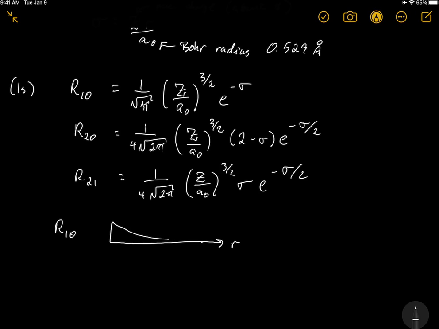We can plot it as a function of r. One thing that's a useful way to characterize an exponential decay is the 1 over e point.